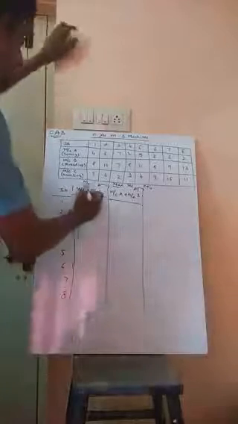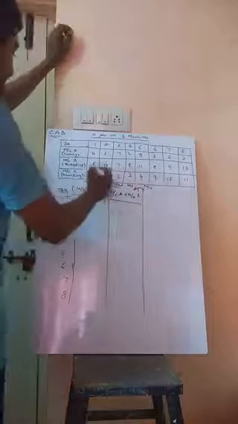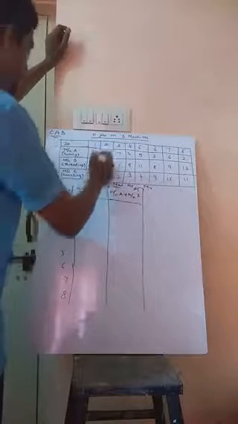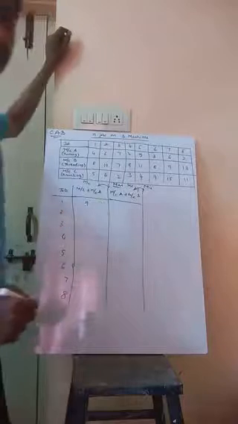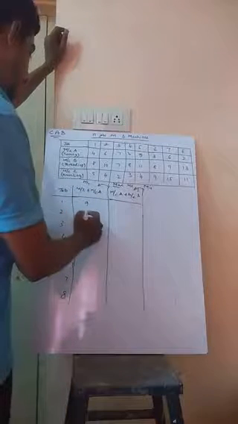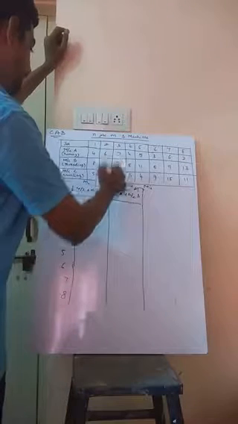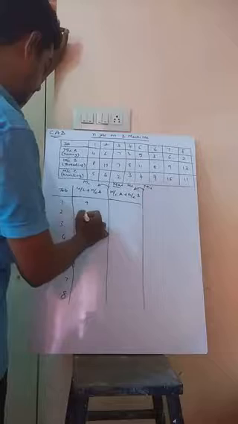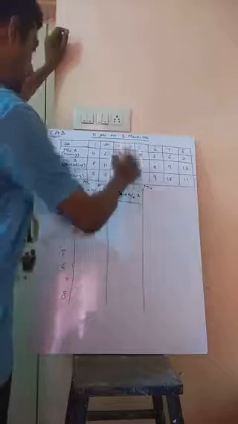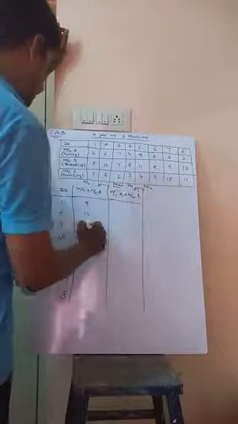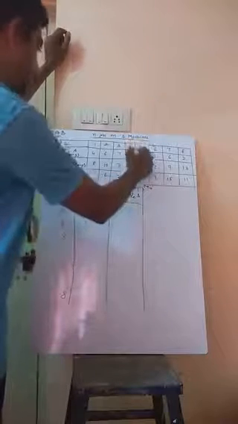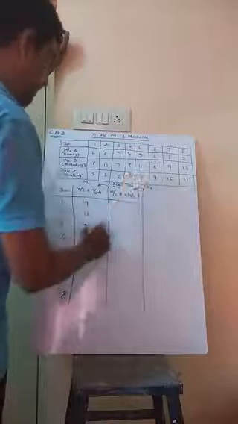What is machine C and machine A? For the first job, C plus A is 5 plus 4, that is 9. For the second job, 6 plus 6, it is 12. Third job, 7 plus 2, it is again 9. For the fourth, it is 4 plus 3, 7.